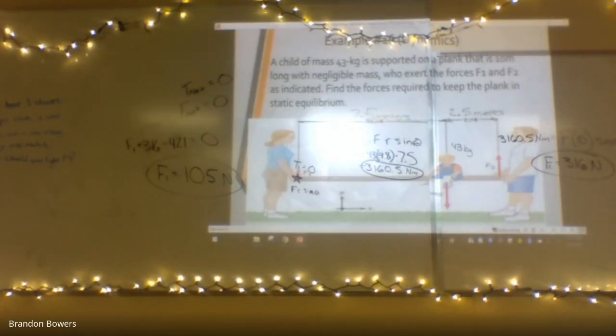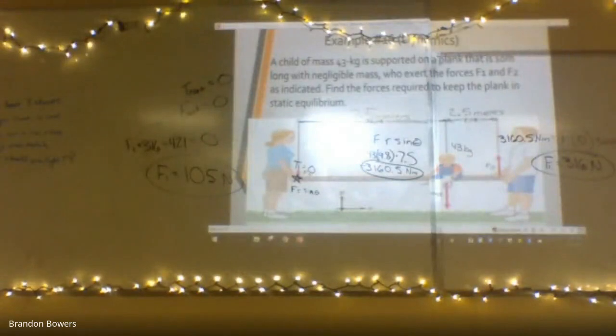The best answer I got for that is, let's say I have a large wrench. We're talking still about the baby, okay? The baby's here. This person is going to have a lot more torque. It's going to be easier for this person to hold it than this person.